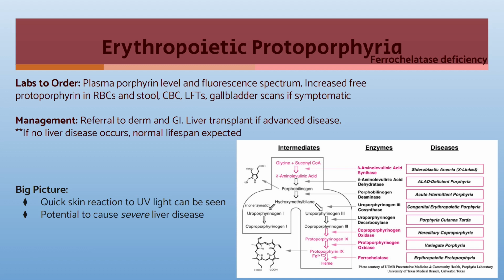So EPP, ferrochelatase, means you're going to have a buildup of protoporphyrin IX in the mitochondria, okay? This is a very quick skin reaction to UV light, and it has more long-lasting later effects, as well as the potential for severe liver disease.